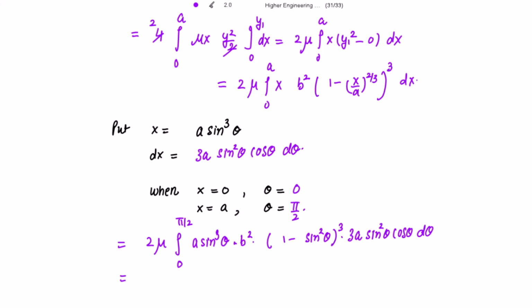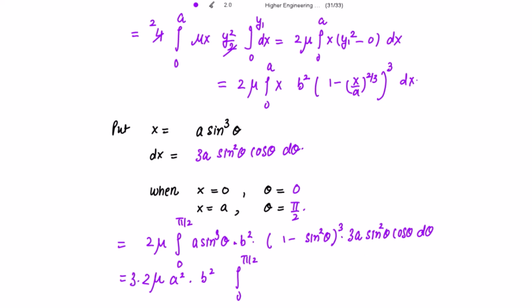Alright, so let's take all the constants outside. So this is 2 mu, I have a over here and also one more a, so this is a square, taking outside. And then b square, there is no b anymore, so taking b square outside. And then from 0 to pi by 2, alright. Yes, there is also 3, taking 3 outside.